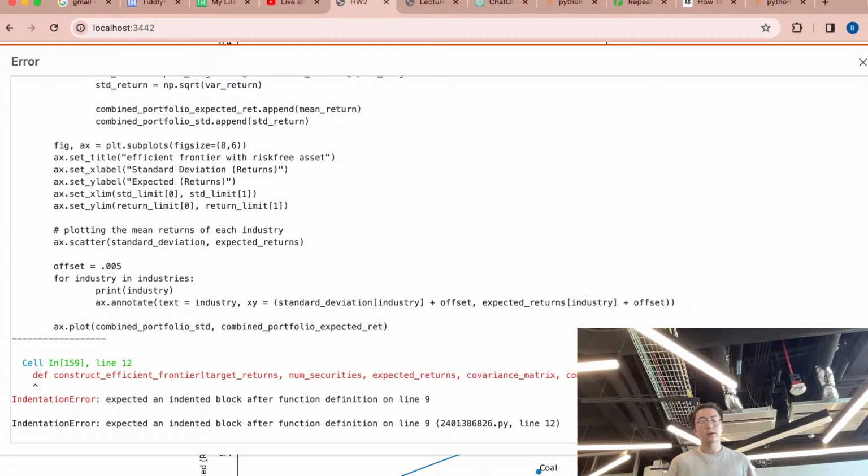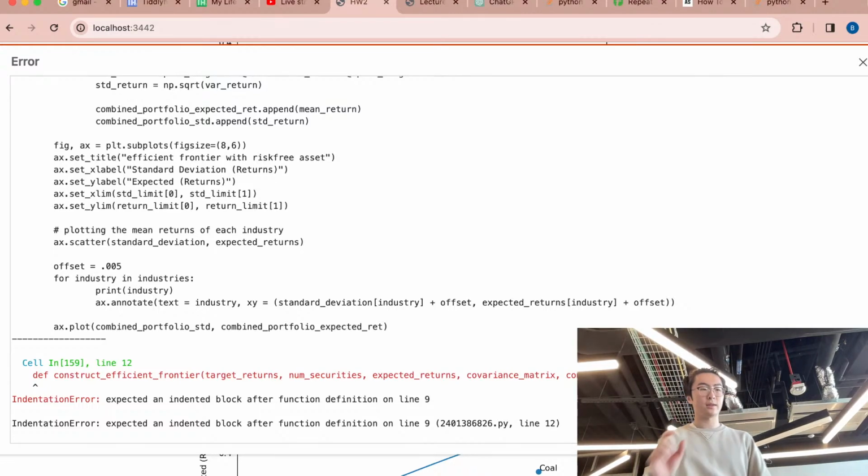So I wonder if there's a way to do this problem where I put a constraint on the possible values that you could use, like a list of expected returns and standard deviations that we can choose from.